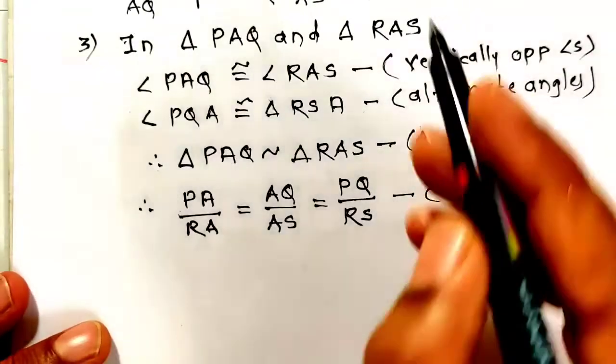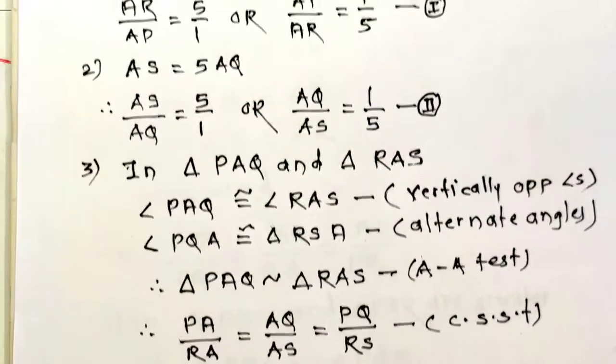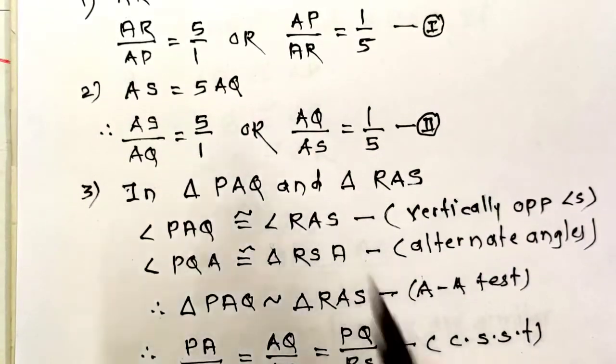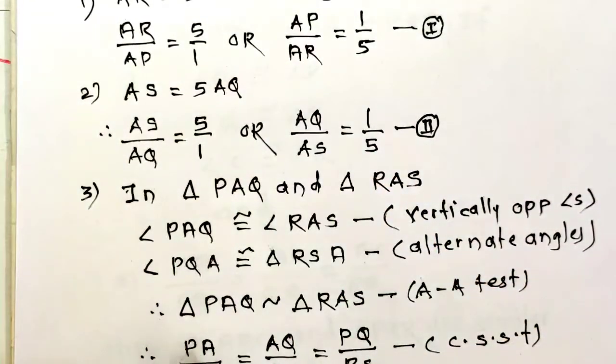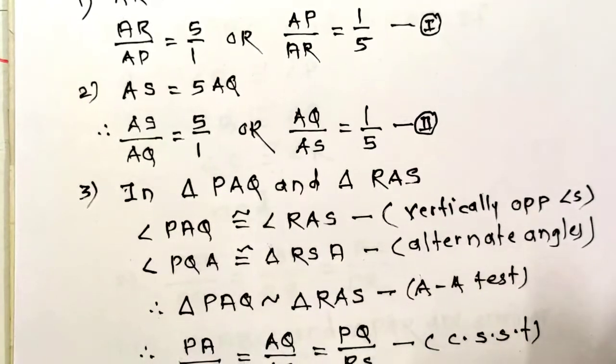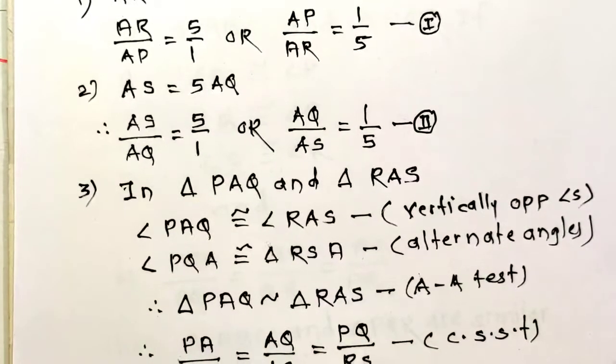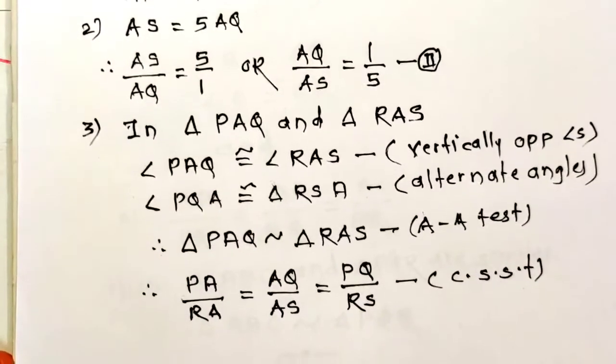But from 1 and 2, if we observe this ratio, what is 1? AP upon AR, we can write the segment PA or AP. This is 1 by 5. Second, 1 by 5. So from 1 and 2, what can we write? All these ratios are equal to 1 by 5.